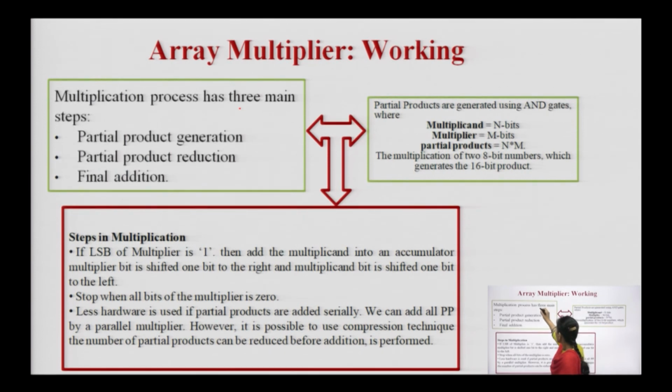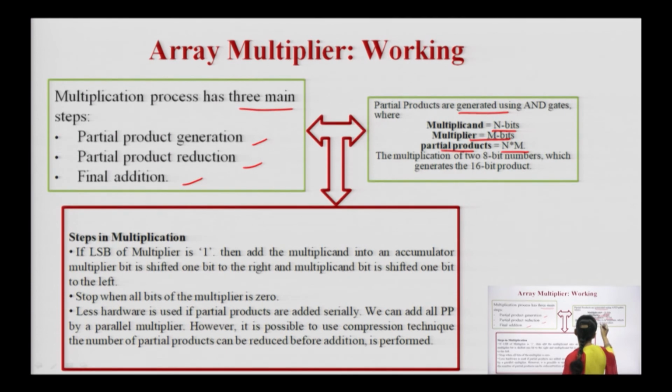It has 3 basic steps: partial product generation, partial product reduction, and then performing the final addition. For partial product generation, the multiplicand is n bits, and if the multiplier is of m bits, I will be getting the partial products in n cross m.